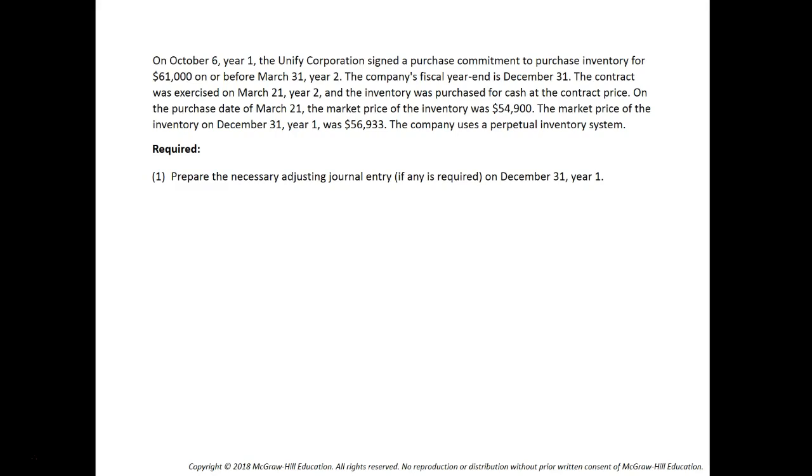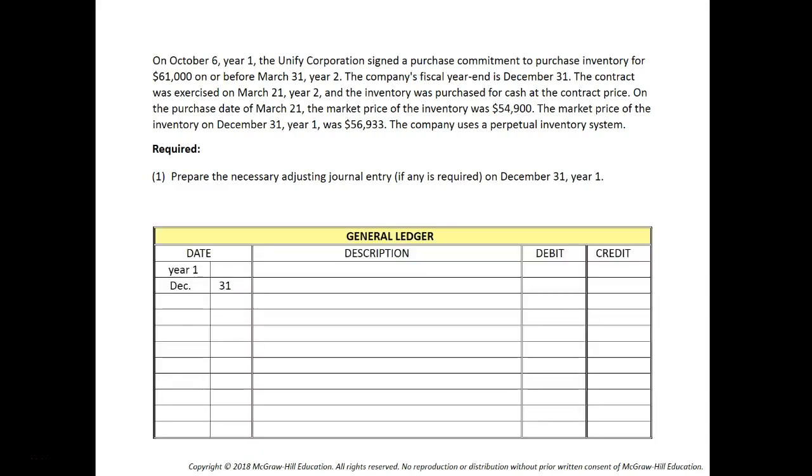On the purchase date of March 21st, the market price of the inventory was $54,900. The market price of the inventory on December 31st, year 1, was $56,933. The company uses a perpetual inventory system. Prepare the necessary adjusting entry, if any is required, on December 31st of year 1.